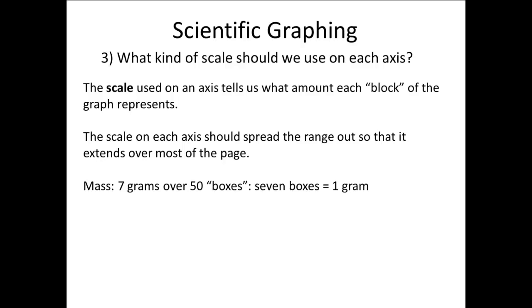For the pressure, we have from 80 kilopascals to 170 kilopascals, a 90 kilopascal range, to spread out over 39 boxes. If we have 1 box equals 3 kilopascals, then we will get the range of 90 kilopascals within 30 boxes.